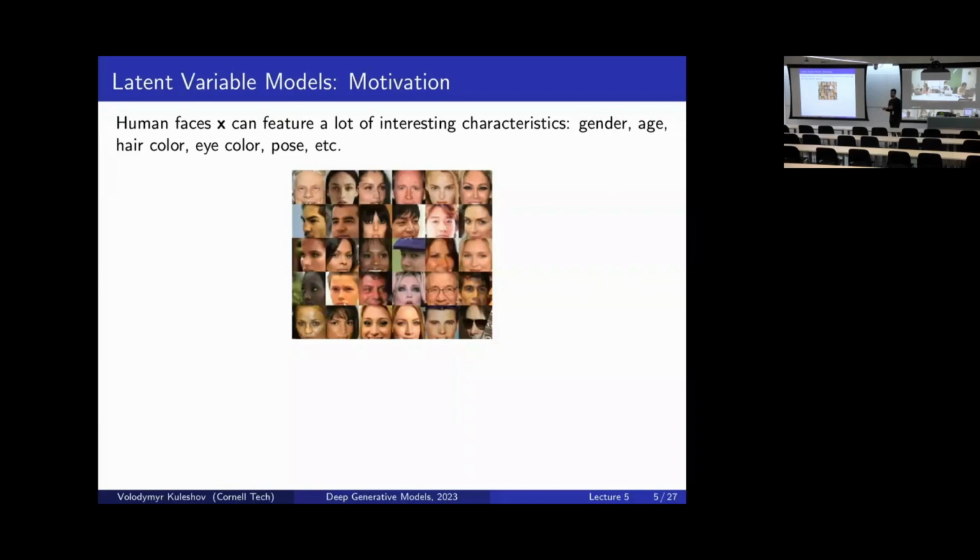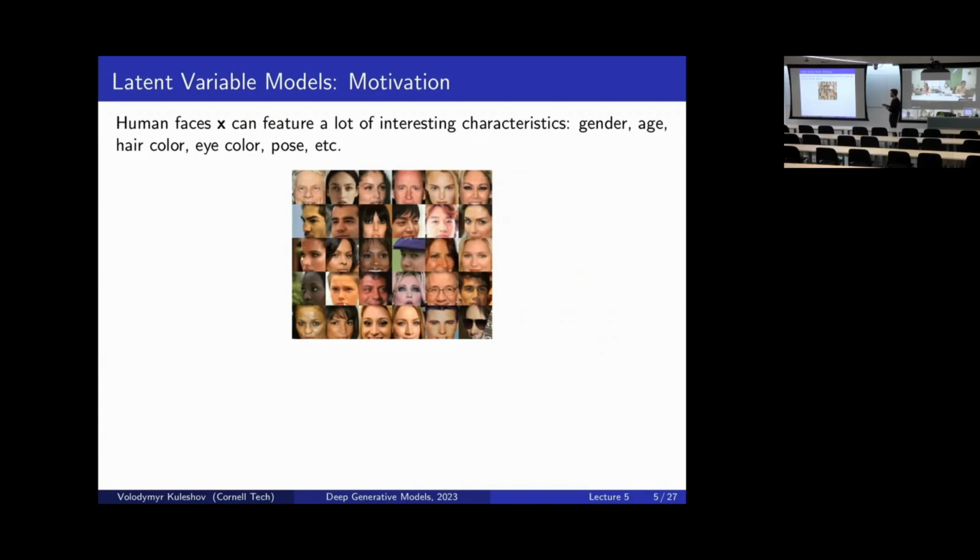There's different kinds of humans, but there's similarities and differences between these humans. So there's individuals here with a different gender, different eye color, skin color, different age. Some of them are wearing glasses. Some of them have longer hair, different hair color. So there's a lot of factors of variation in this data set.